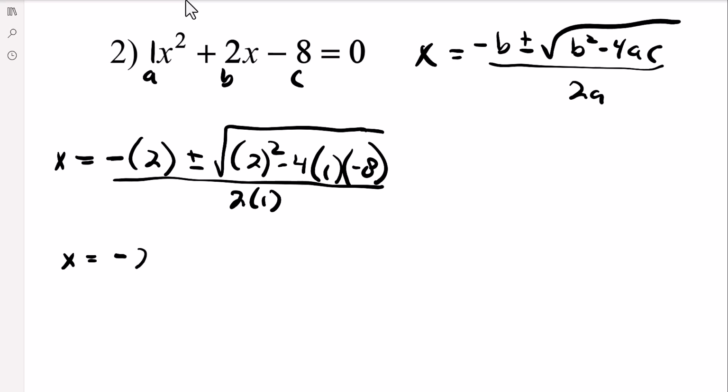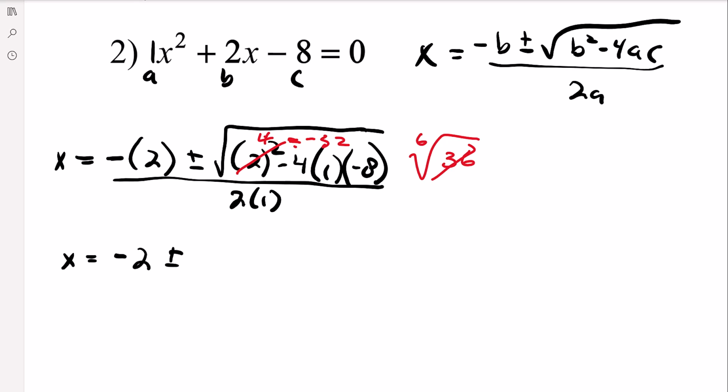So the opposite of 2 is negative 2. Inside here, 2 squared is 4. 4 times 1 is 4, times negative 8 is negative 32. 4 subtract negative 32 is positive 32, so that's 36, and the square root of 36 is 6.